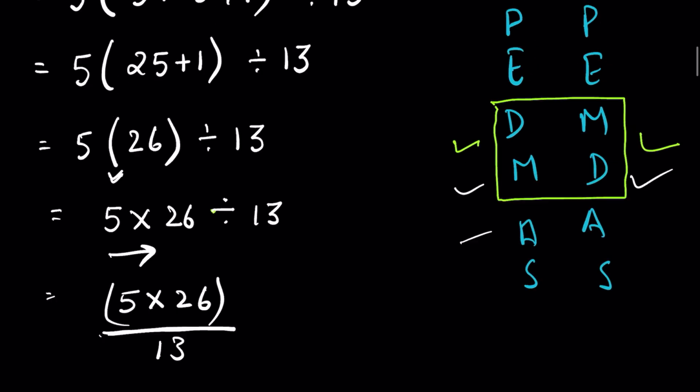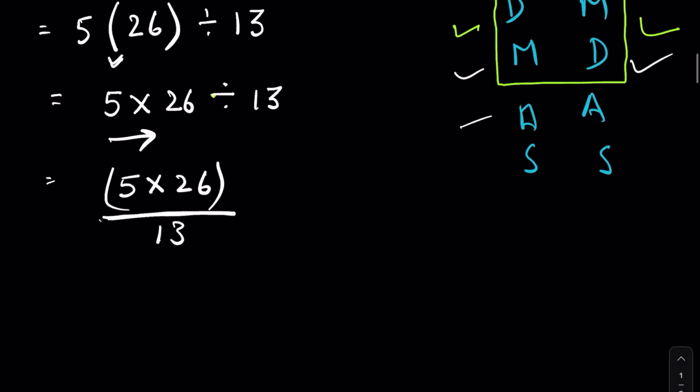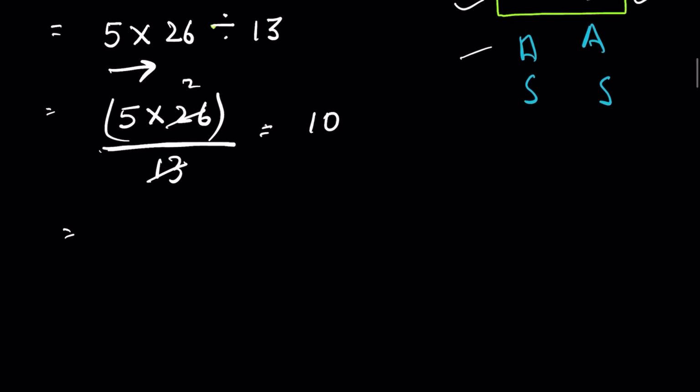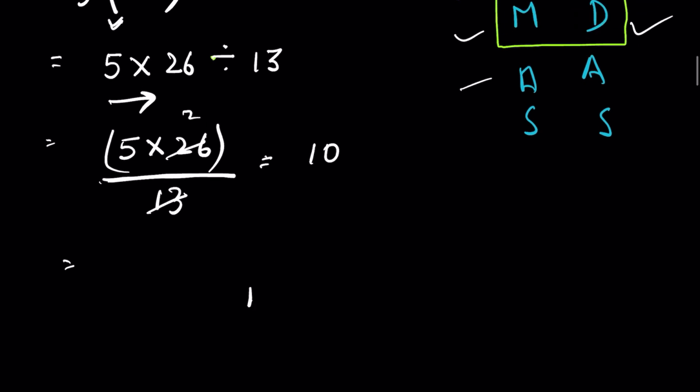We got the correct answer of 10 here, because here also you will get 10 as your answer. 13 times 2 is 26, 5 times 2 is 10, because in PEMDAS also we did 5 times 26 upon 13. So in this way we are doing the same operation, but this is the correct way of doing it. 26 times 5 and then divided by 13.